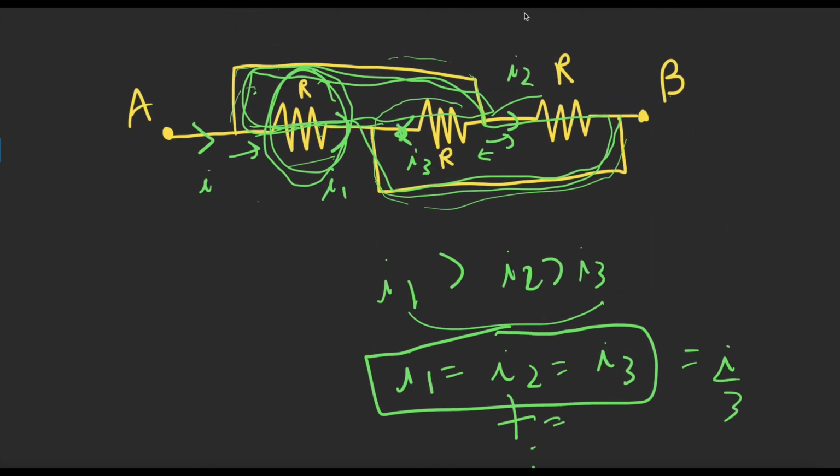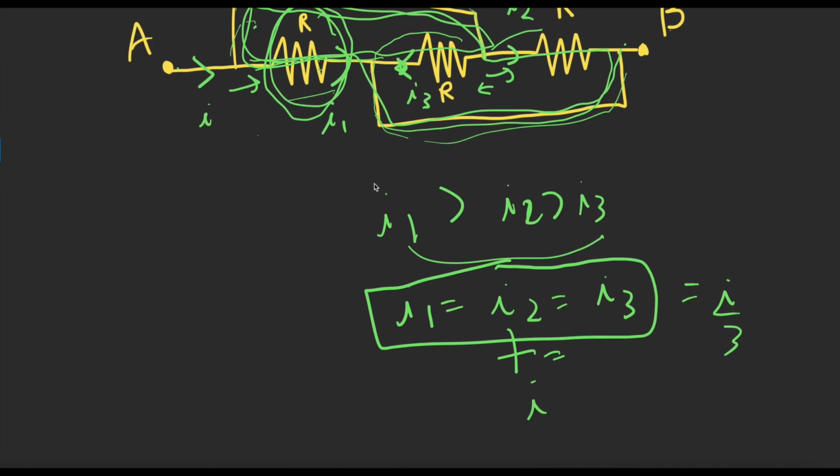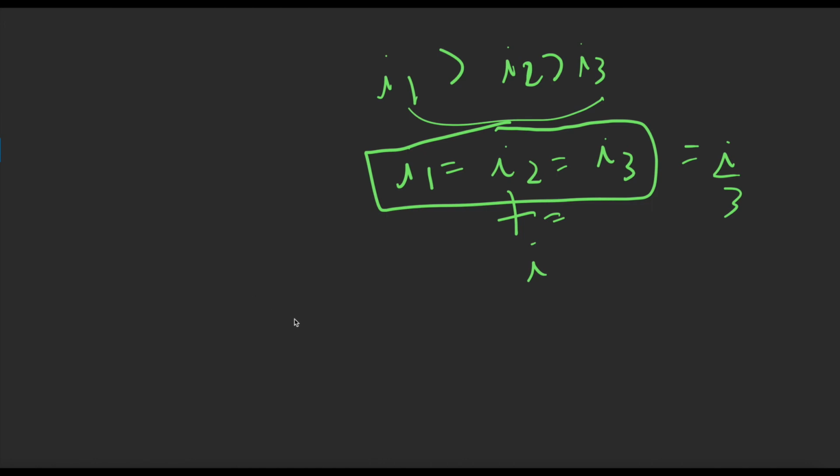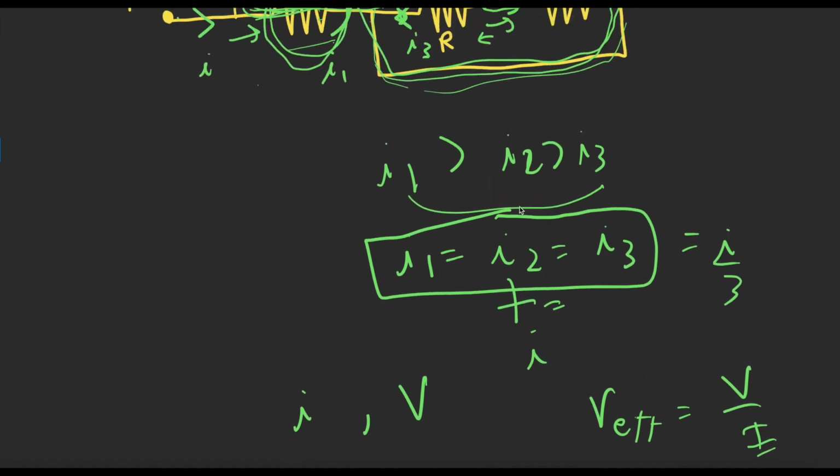And now if you have to find the potential difference between A and B, well, why are we finding potential difference? Because we know the total current. If we find the potential difference, we can find effective resistance equal to V by I. That is Ohm's law. Okay, so what is the potential difference?